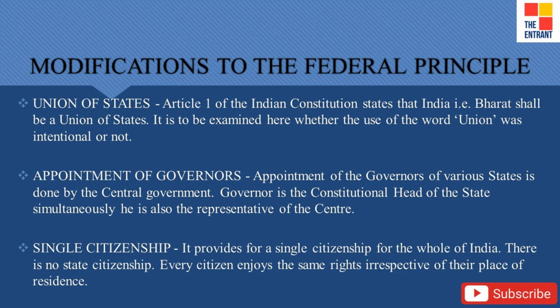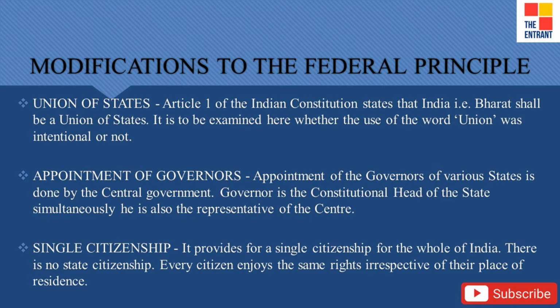But the governor is only the constitutional head of the state and normally acts on the advice of his ministers. But there are certain provisions under which the governor is required to send certain state laws for the assent of the president.